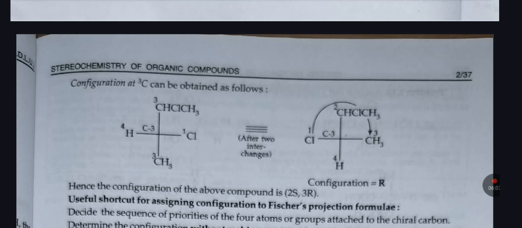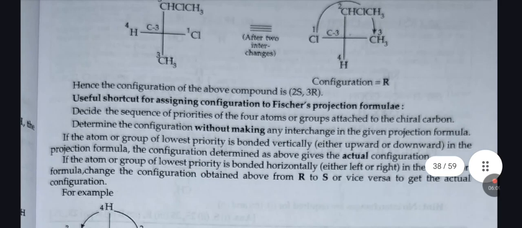Useful shortcuts for assigning configuration to a Fischer projection formula. Decide the sequence of priority of the four atoms or groups attached to the chiral carbon. Determine the configuration without making any interchange in the given projection formula.